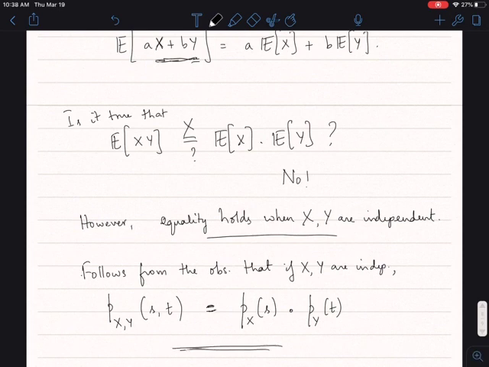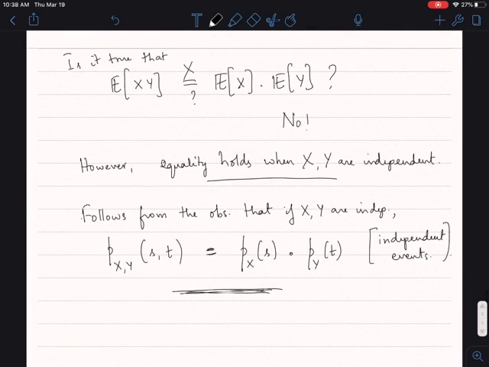You can derive this. If you remember, this looks very similar to what we have for independent events, and it's true for exactly the same reason. I'm not going to derive this, but it is a nice fact. And if you apply this to the definition of the expected value of xy, you end up being able to prove this formula.